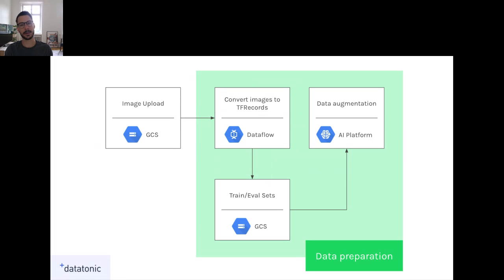We converted the images into Tensorflow's own binary format, TF Records, which is a very effective representation of training data. We then split the data into training data and evaluation data, so we can judge the performance of the model while it's being built. And we use Google Cloud's AI Platform to launch Tensorflow data augmentation jobs, completely serverless.